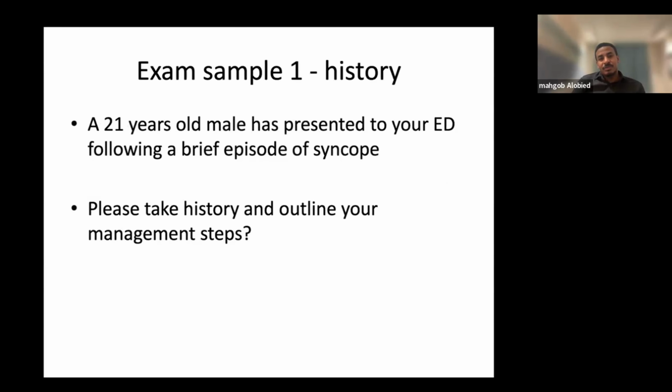And just to highlight here, history can be one of the exam stations. They will give you a short scenario: a 21 years old male has presented to the emergency department following a brief episode of syncope.